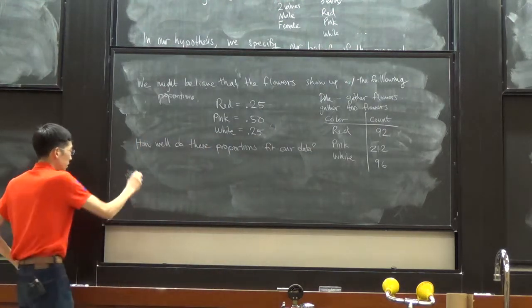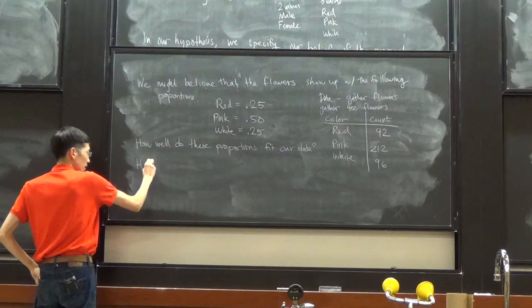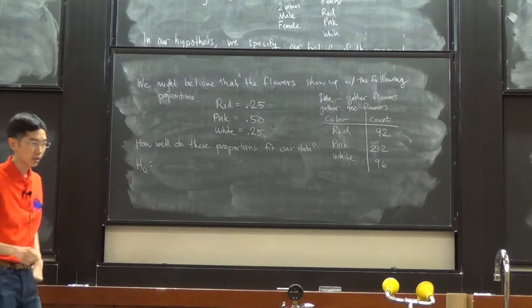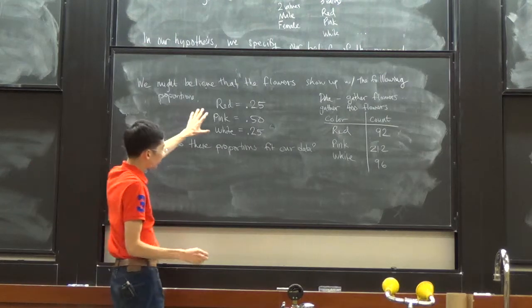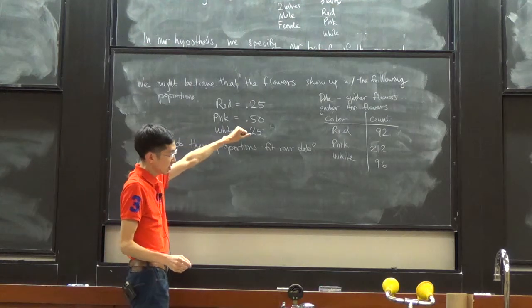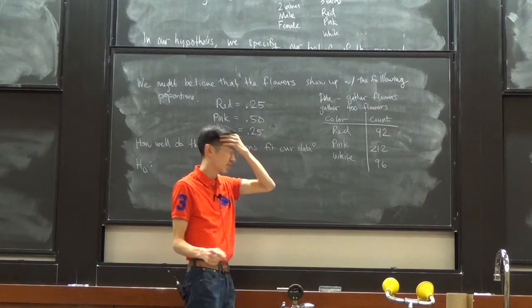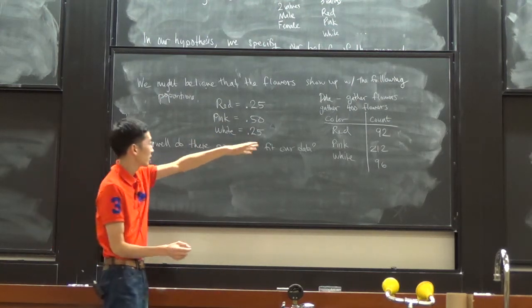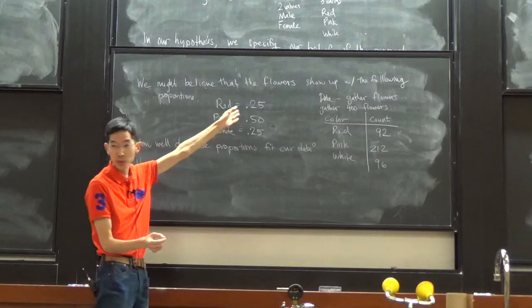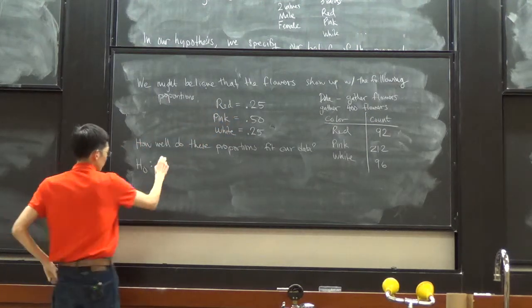Data. So our null hypothesis is that the population has the specified proportions.